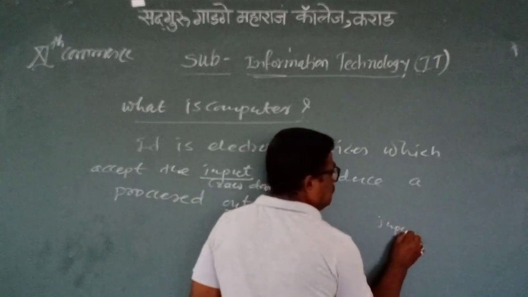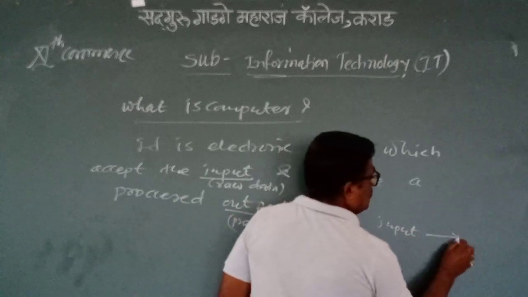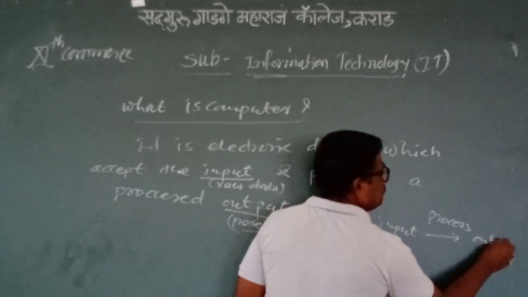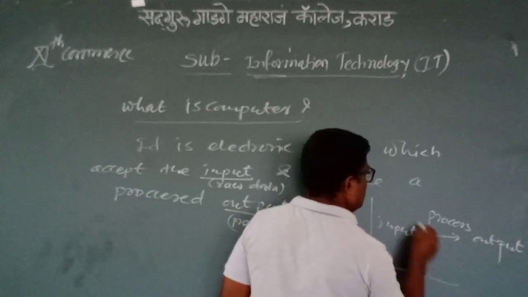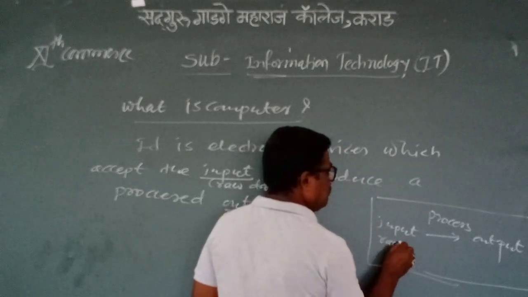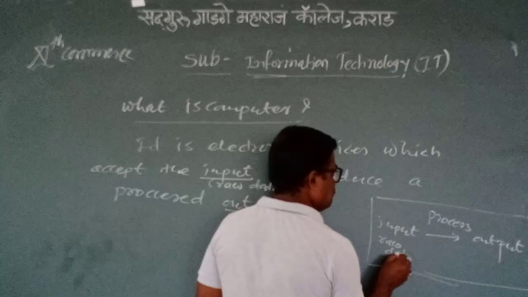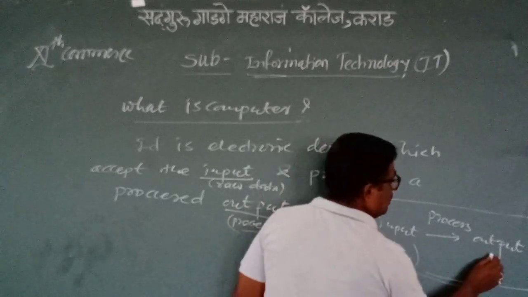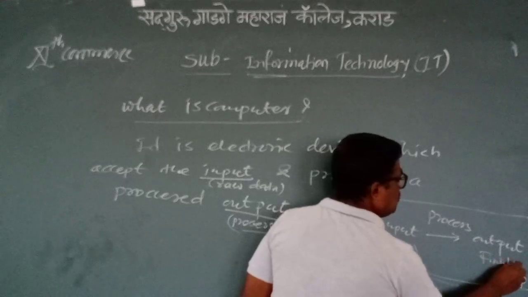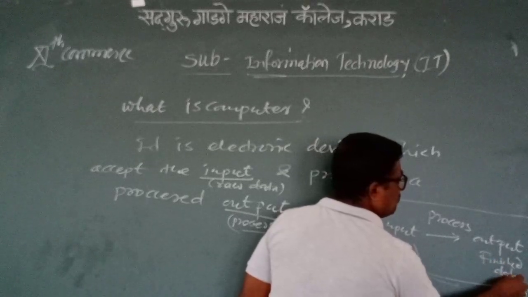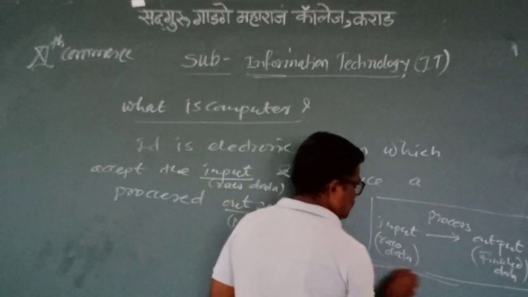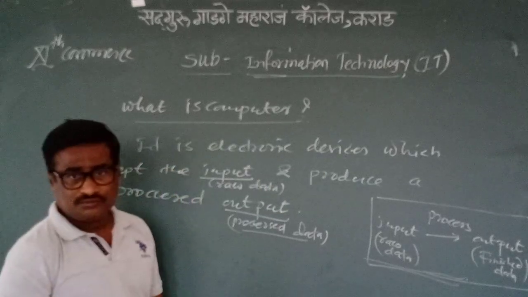Here is input, here is process and output. It is a computer. Here is the raw data. Here is processed data or finished data. It is a computer in symbolic form.